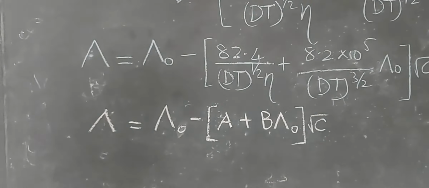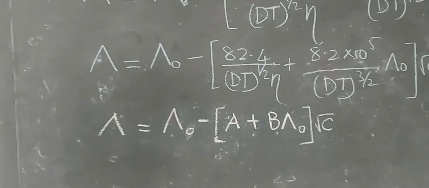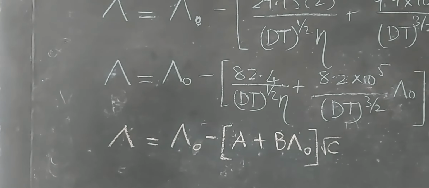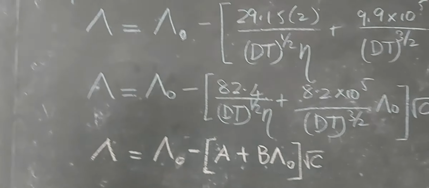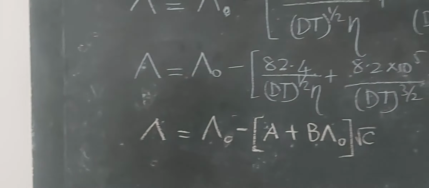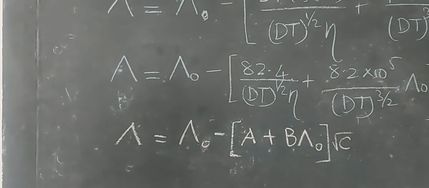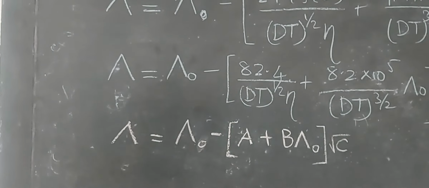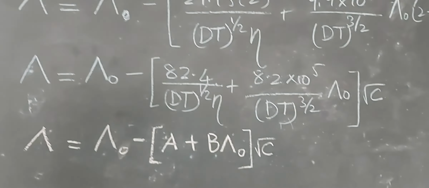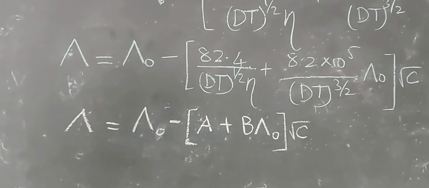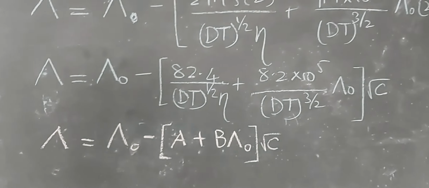At last we are getting the equation lambda equal to lambda naught minus A plus B lambda naught into root c. This is the final Debye Huckel Onsager equation which we derived today. Lambda is conductance, lambda naught is molar conductance, A and B are constants which have the values given, and root C is the concentration of the ions present in the solution. Thank you.